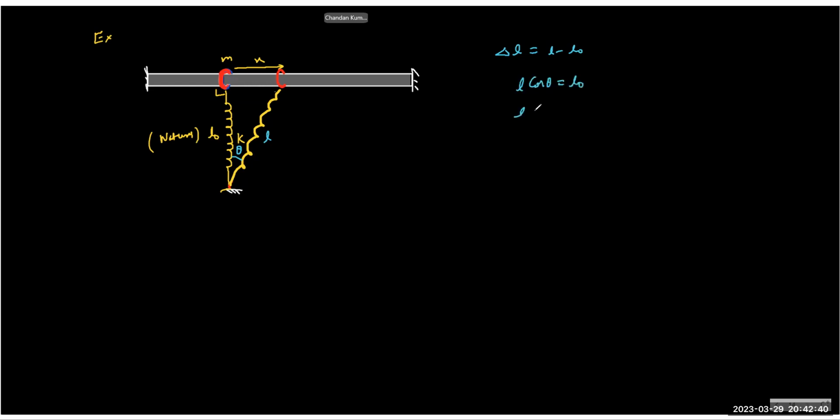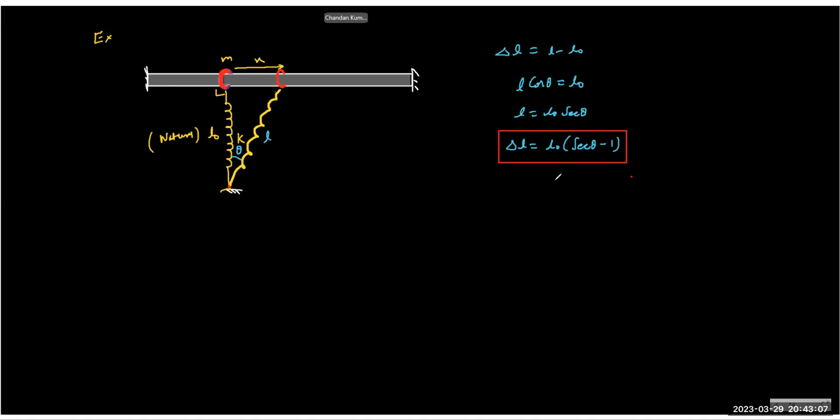What is L by the way? L naught sec theta. So what is delta L here? L naught sec theta minus 1. So delta L is L naught times sec theta minus 1.